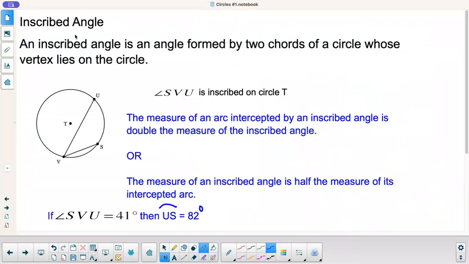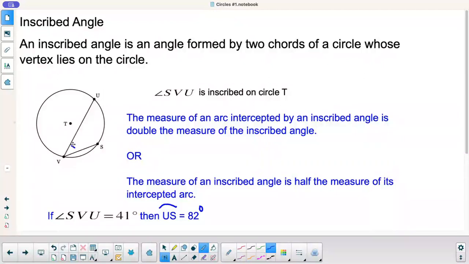All right, the next thing is an inscribed angle. An inscribed angle is an angle formed by two chords. A chord is just any 2 points on the circle connected. So here I have chord SV and chord UV, two chords of a circle whose vertex lies on the circle. So angle SVU is inscribed on circle T. And what we need to know is the measure of an arc intercepted by an inscribed angle is double the measure of the inscribed angle.